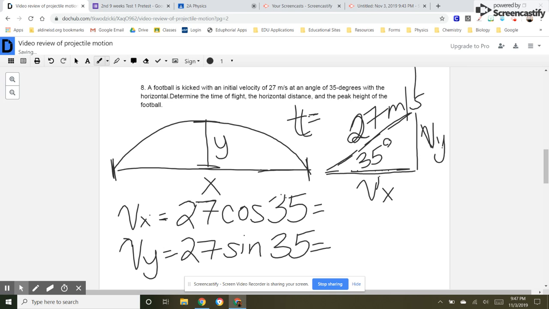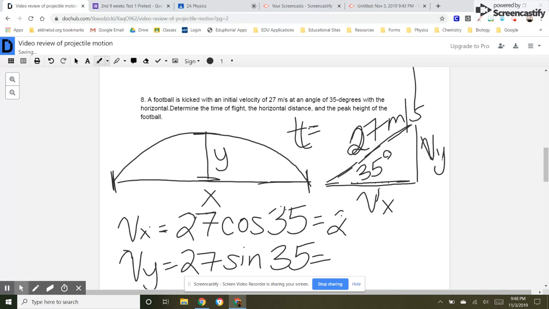And Vy is sine. Vx is 21.56 meters per second.